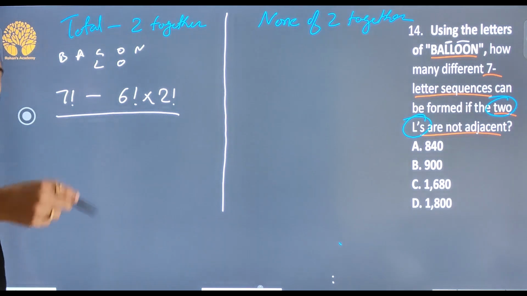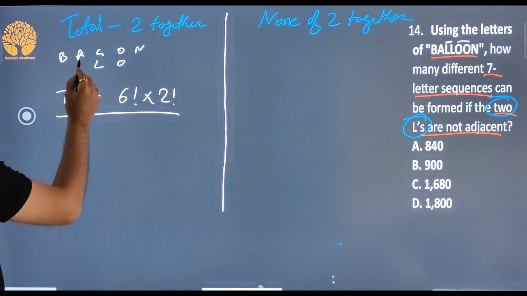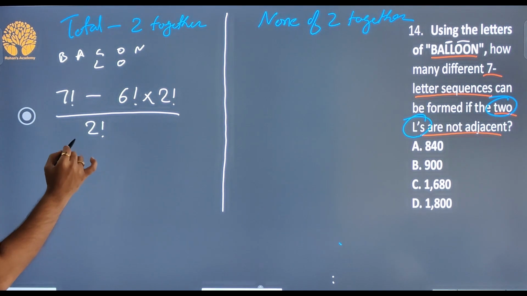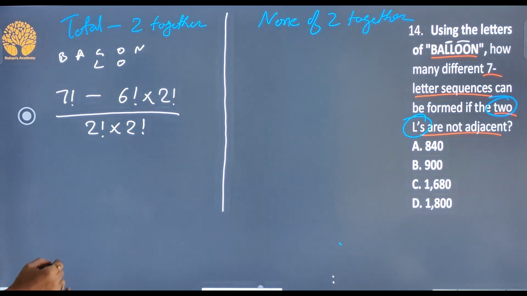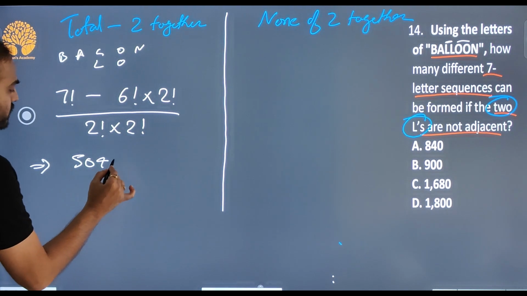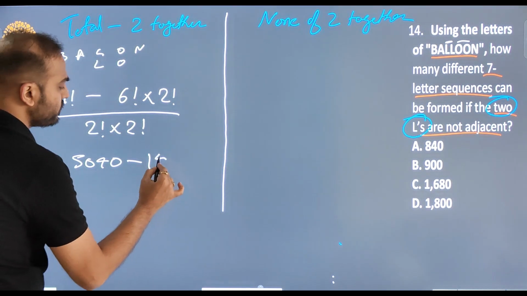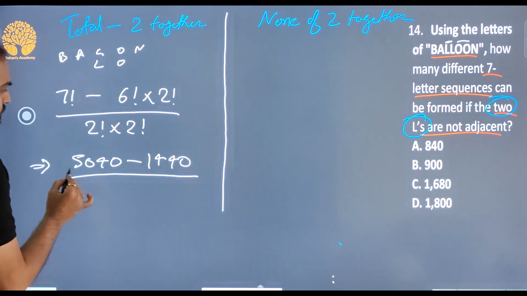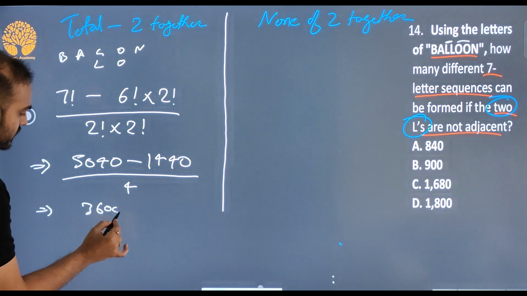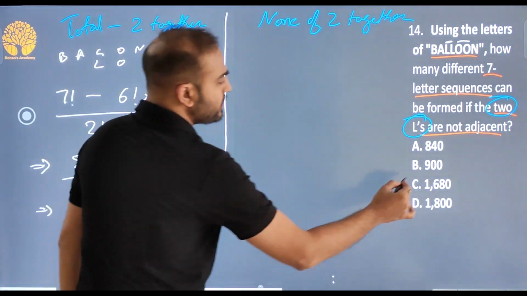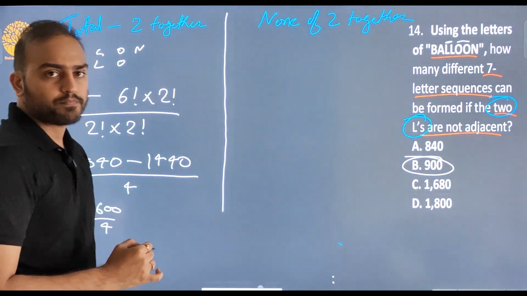And now, in order to remove the redundancy, because of 2 L's, 2 factorial, because of 2 O's, 2 factorial. If you solve this, this is 5040 minus 1440 by 4. That's 3600 by 4, which is 900.